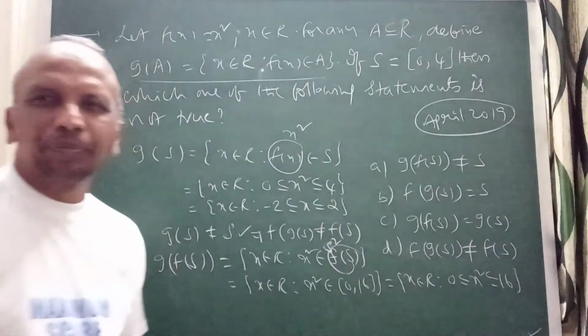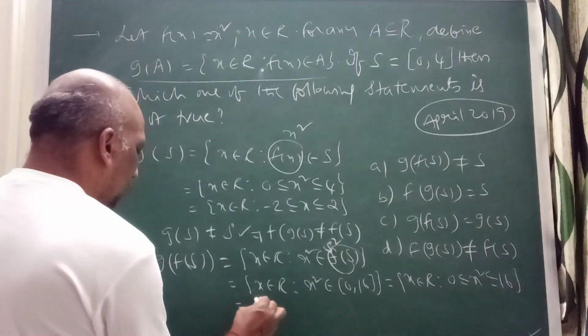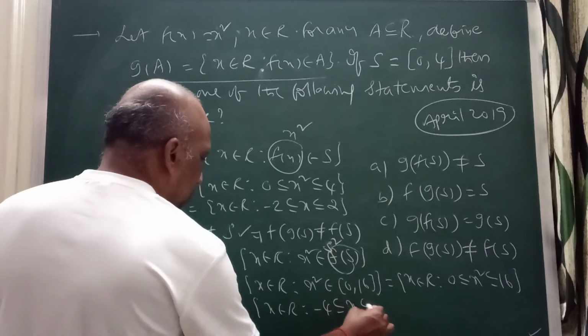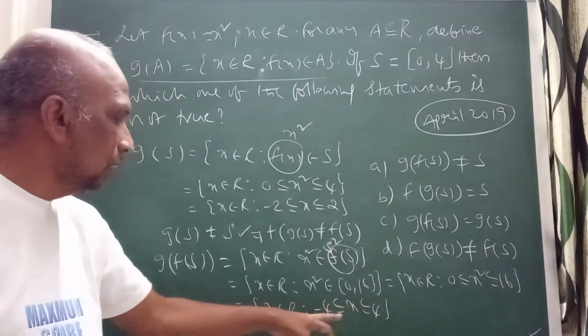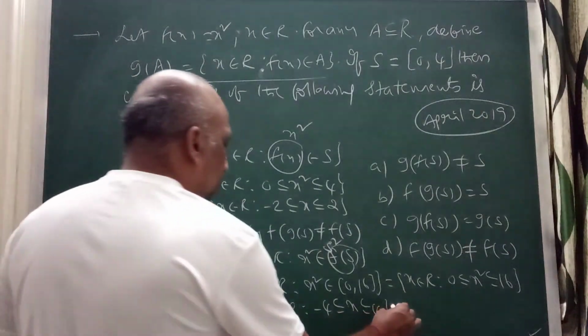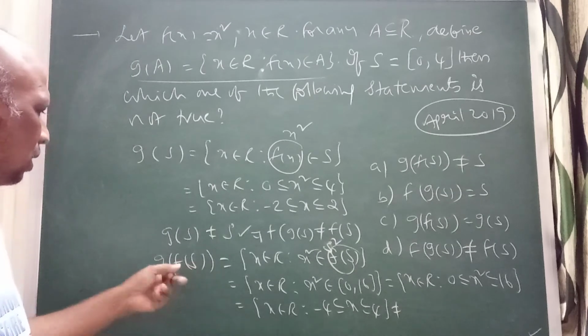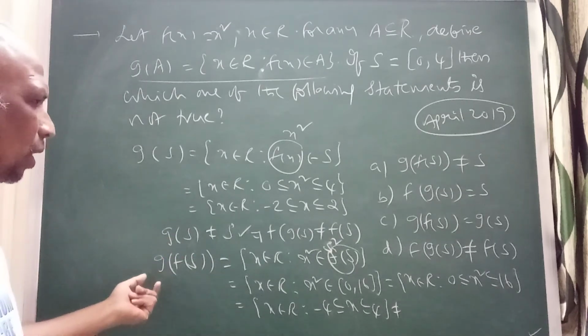That means x lies between minus 4 and 4. You can conclude x belongs to R such that minus 4 less than or equal to x less than or equal to 4, similarly how you have done before. So definitely this is not equal to s, you can write g of f of s.